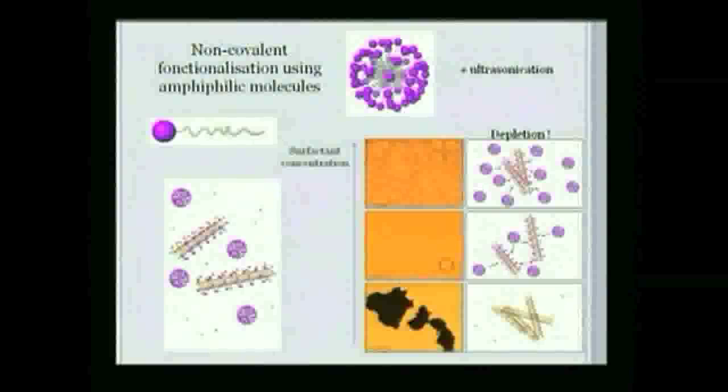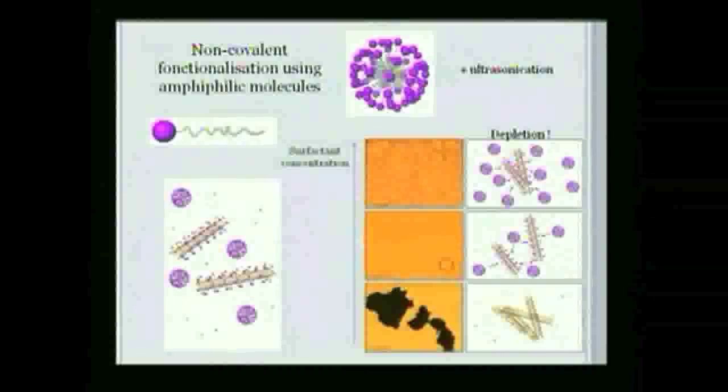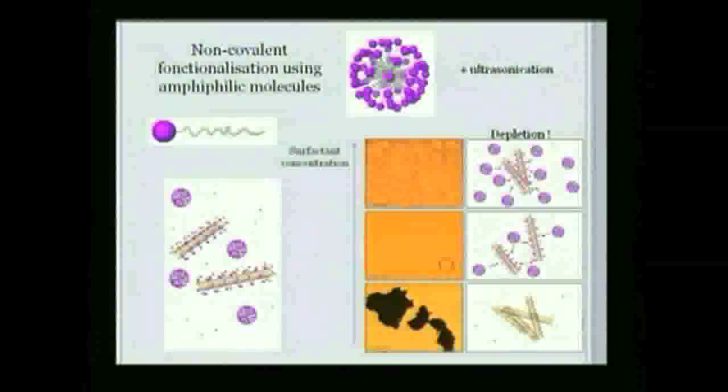Everything is well dispersed. But if you go on adding surfactant in the solution, maybe it will be better if I put more surfactant. In fact, it's not better, because the surface is saturated by surfactant, and then everything you add will contribute to forming free micelles. And there is a particular effect that we call the depletion effect.